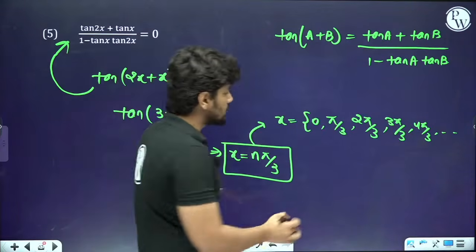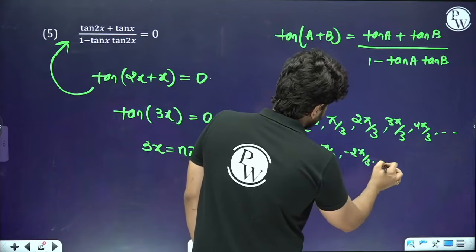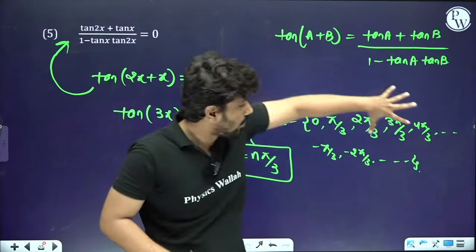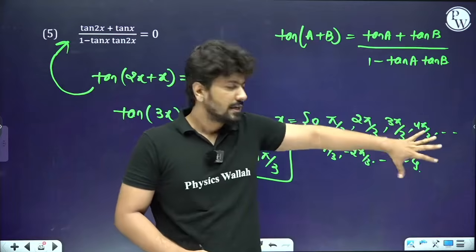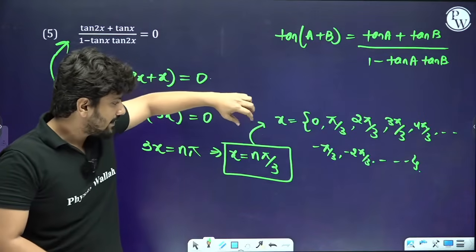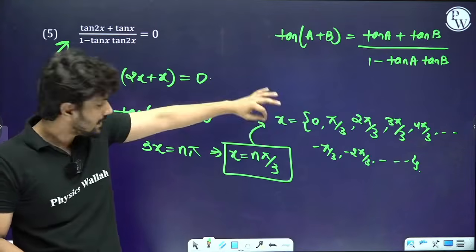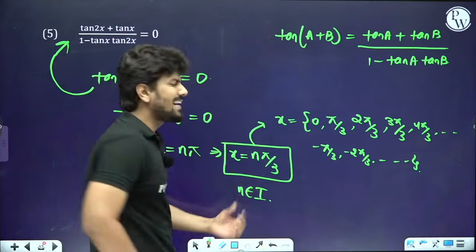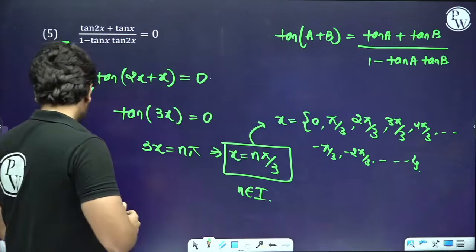Then also we get many solutions, right? Minus pi by 3, minus 2 pi by 3 and so on. So instead of writing all of these solutions, because there are infinite solutions, we can compress all of them and write it like this, that x is equal to n pi by 3, where n belongs to integers. N can be any integer over here, right? Simple. Let's move ahead.